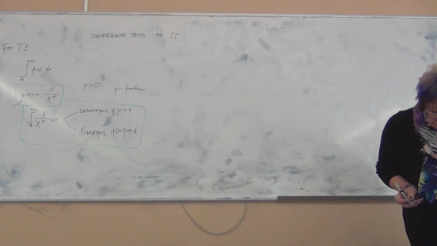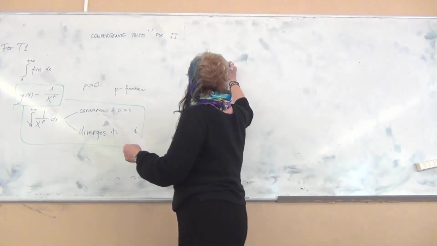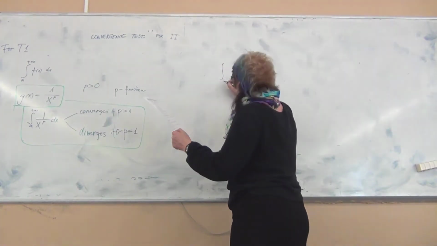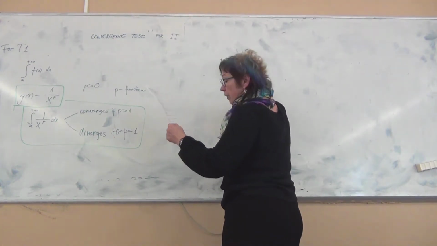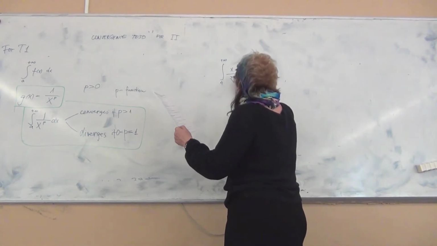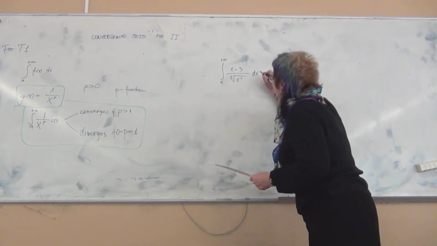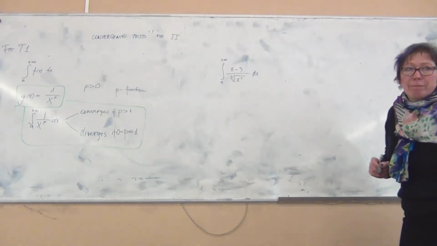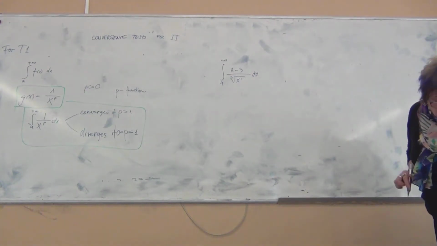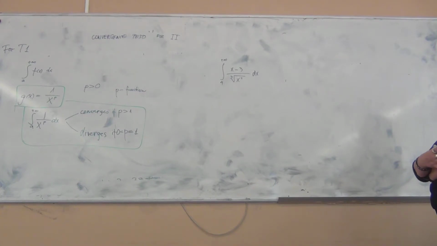Let's have a look at first examples, indeed, that we have on the paper. From 4 to plus infinity, x minus 3 over cube root of x to the 11th power dx. Something like this, cube root of x to the 11th.